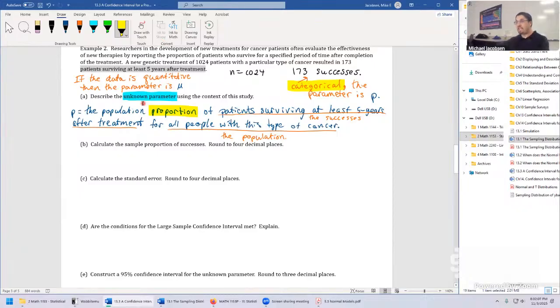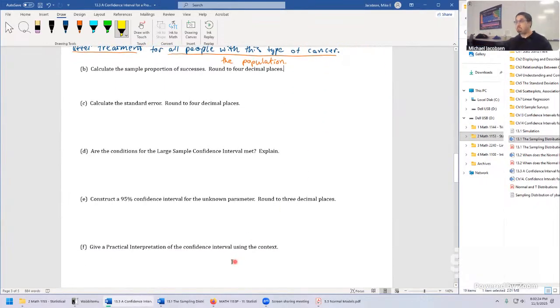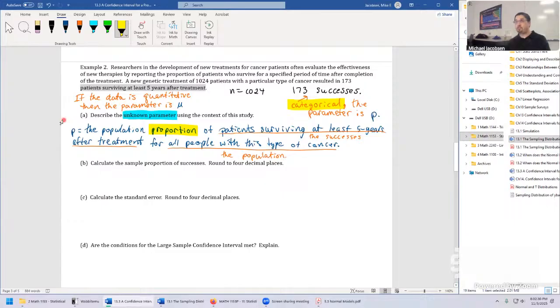If the data was quantitative, we would have said the population's mean or average instead of proportion in this spot. What we got through, folks, that's writing down the parameter. This is really important because when we come back to part F, we need to say what the conclusion is in terms of that parameter we wrote down. So this is kind of doing half the conclusion already. The other half is just computing the confidence interval itself.